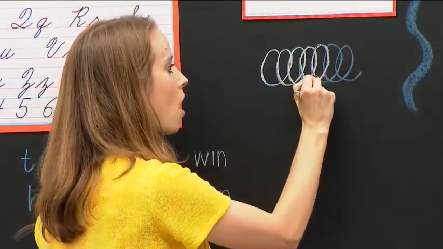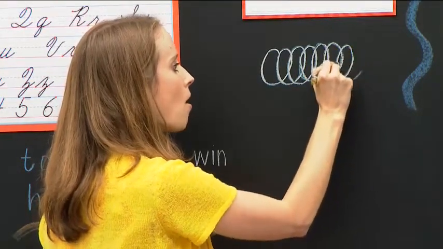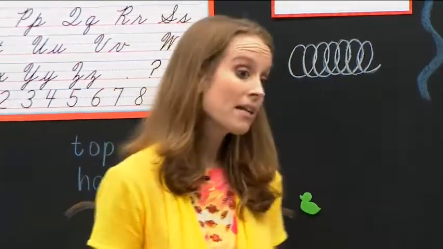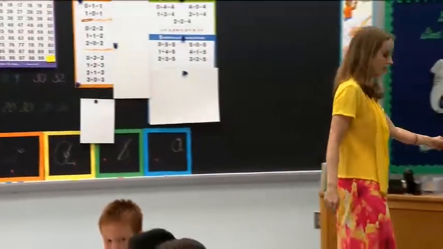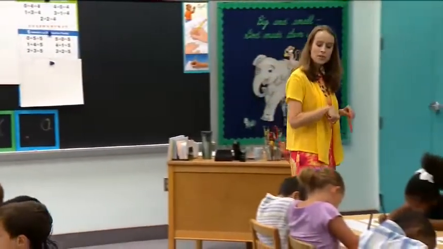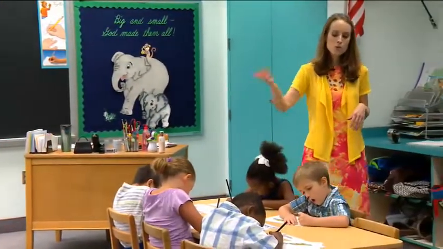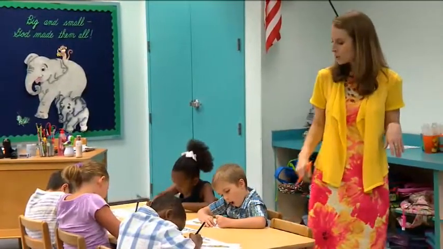Now remember, not moving your fingers, but moving your whole arm to neatly make those ovals. That gets us ready to write our capital letter A. Good, Kira's off to a good start. Go on to your second row of ovals, that nice, smooth motion with those ovals. Good, Xavier. Looking good, Jaden K.